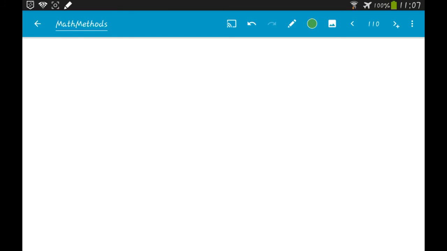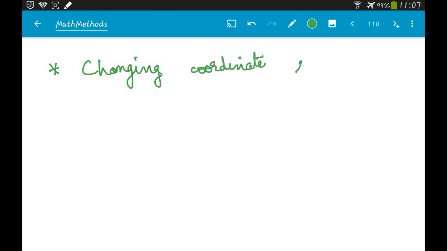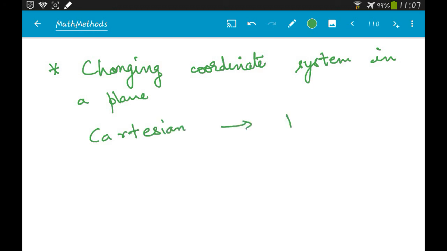Alright, so let's first look at an example for changing the coordinate system in a plane. In a plane, we go from Cartesian to polar coordinate system.